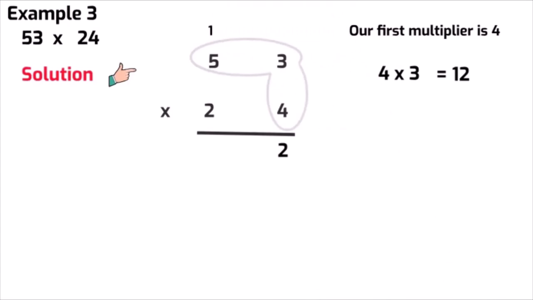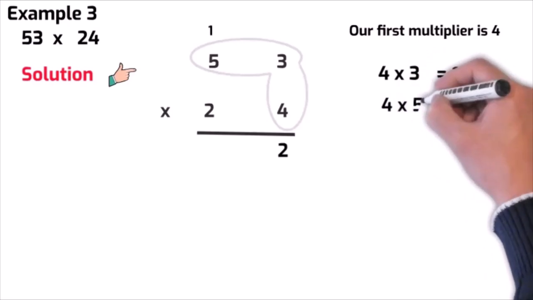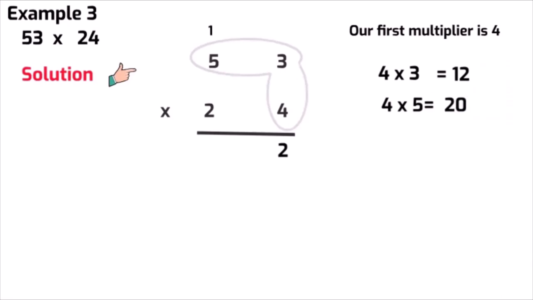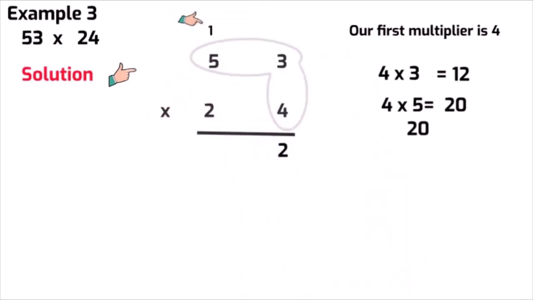Next, we multiply 4 times 5. 4 times 5 is 20. But remember, we carried 1 to the 10th side. So we need to add that 1 together with 20.